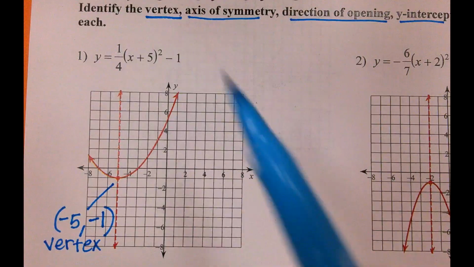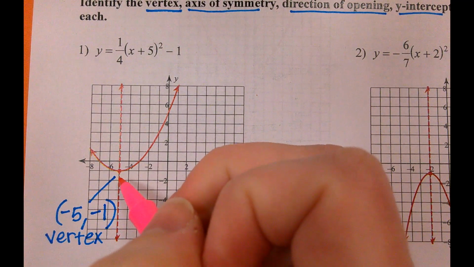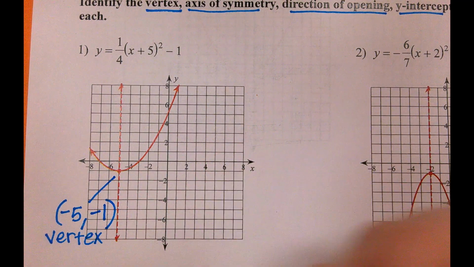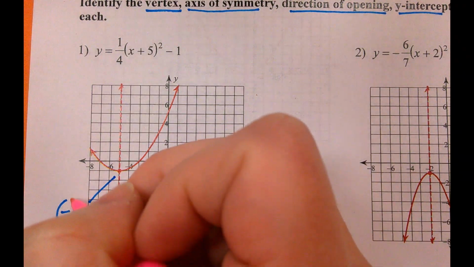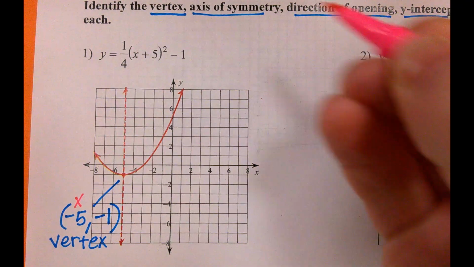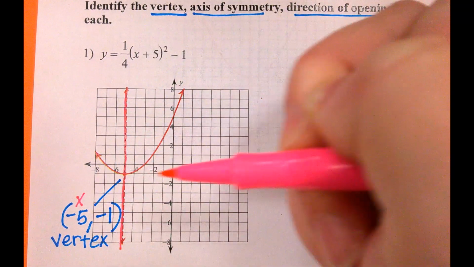Next, we want to know, what is the axis of symmetry? The axis of symmetry is always related to the vertex, -5. It will have the same x value as the vertex. Your axis of symmetry has already been drawn in here.